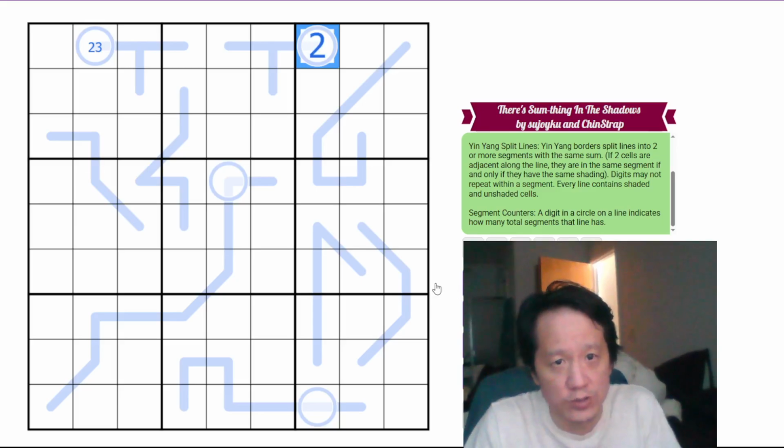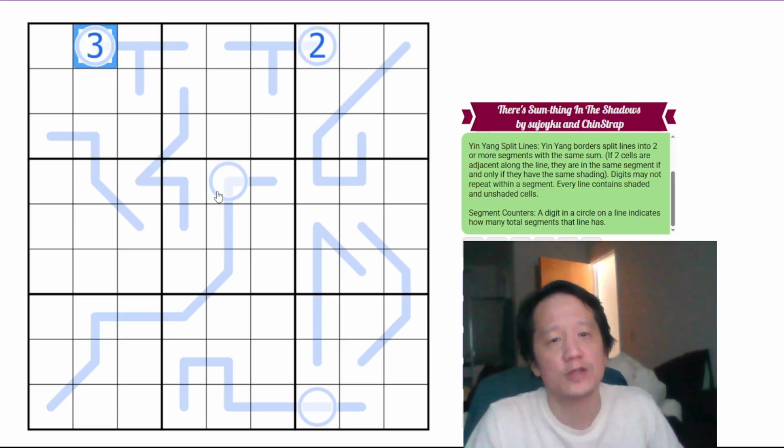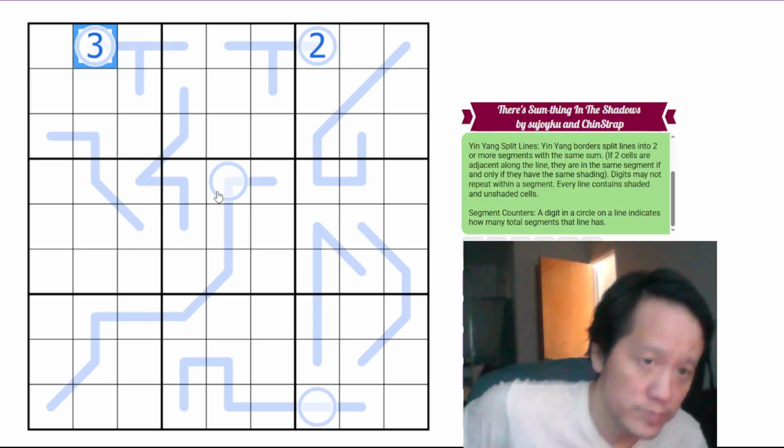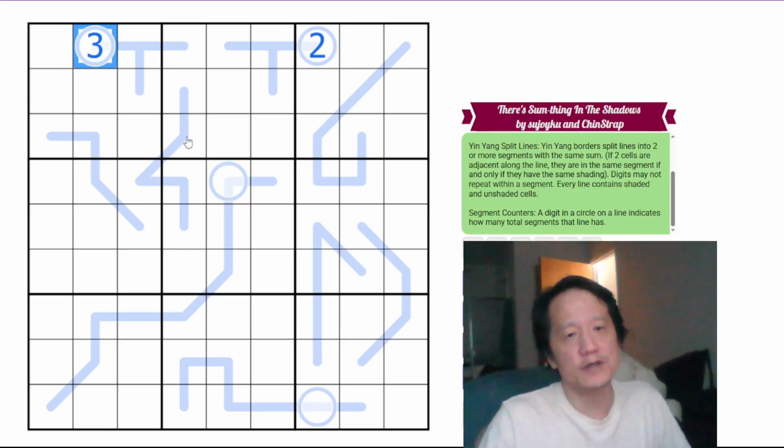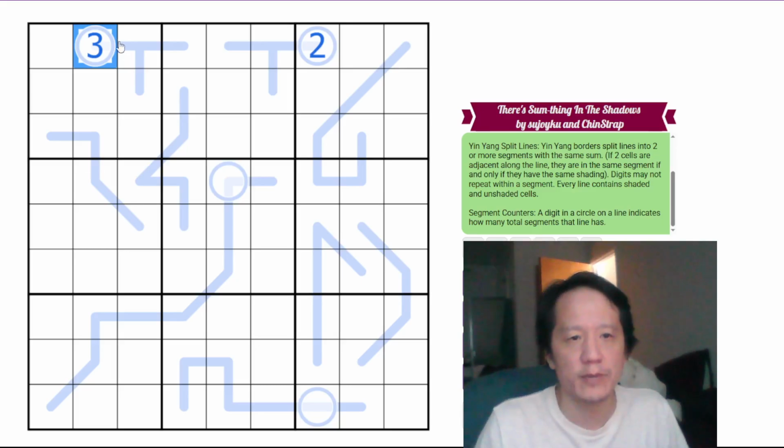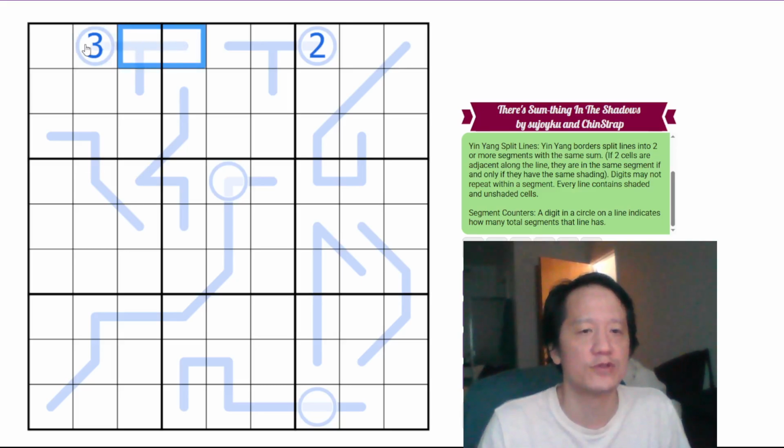This has to be 2, which forces this to be 3. And this can be broken up. Again, the sum cannot add up to 3. So it's either here or here or here, right? So we have to have 2 digits that are the same. The only 2 digits which can be the same have to be these 2. Therefore, these are broken up that way.